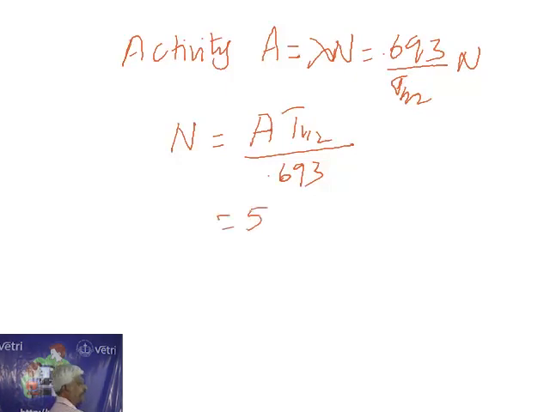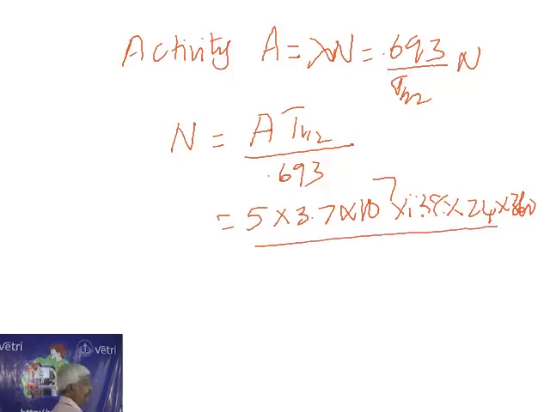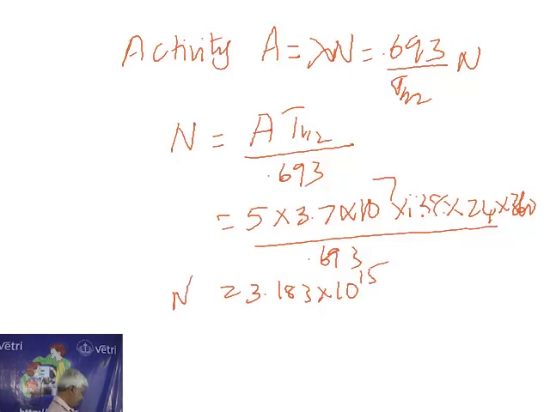Activity is 5 into 3.7 into 10 power 7, into 138 into 24 into 3600, the days converted into seconds, whole divided by 0.693. On simplification, we get 3.13 into 10 power 15. This is the value of N.